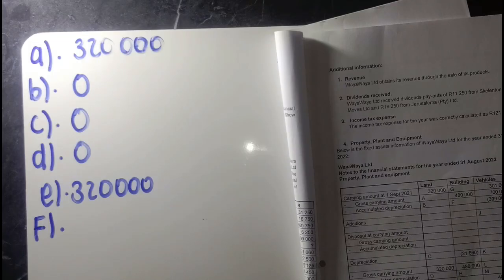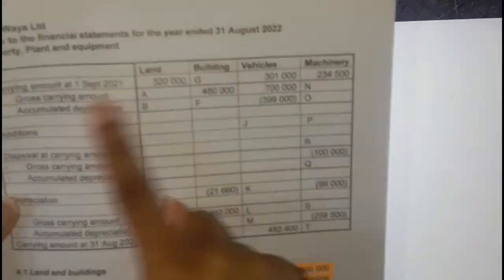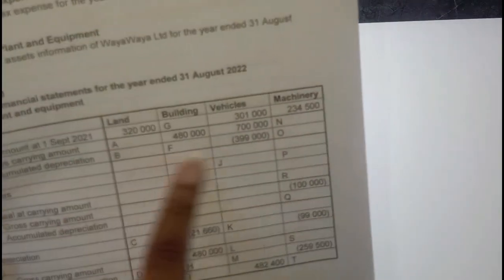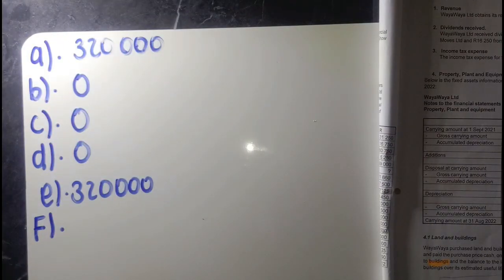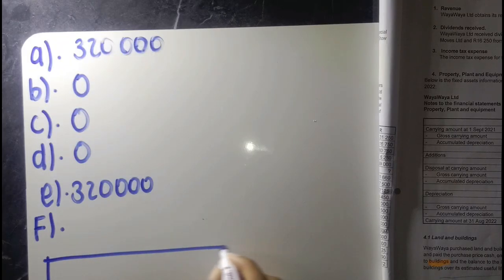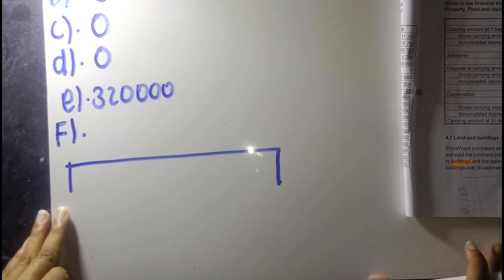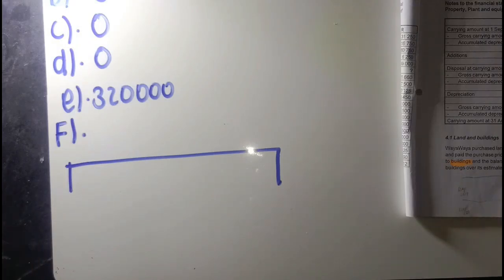under building. And they're asking you to calculate the accumulated depreciation for building, right? So what you're going to do is firstly draw your timeline. I can't stress this enough. Timeline is the way to success.